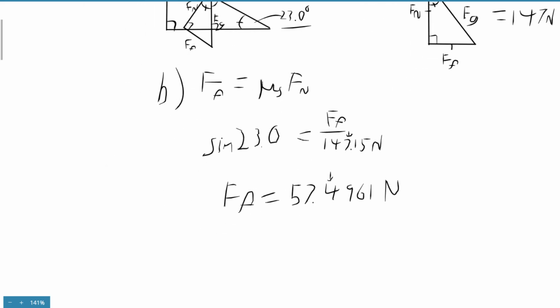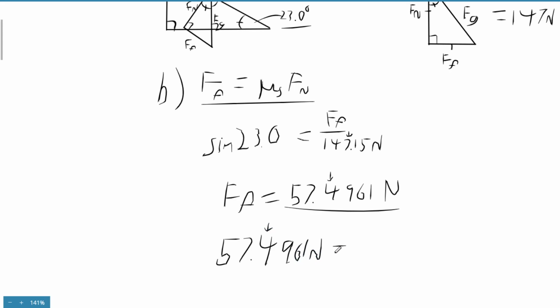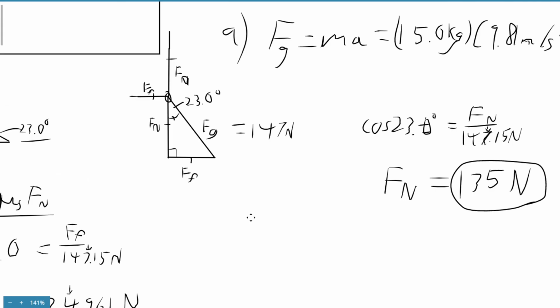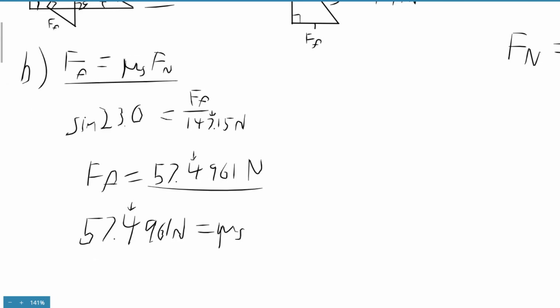And then after we have this, we can plug it into the formula. 57.4961 newtons, 3 sig figs, equals mu s times Fn. Fn was, oh, we were going to use this. Okay, well, I don't think it'll change much if we have it rounded. 135 newtons.